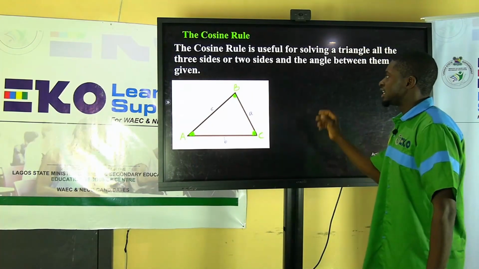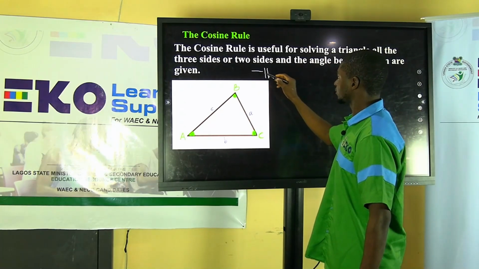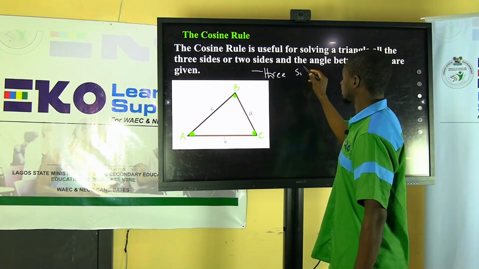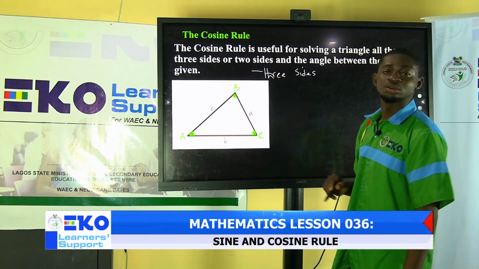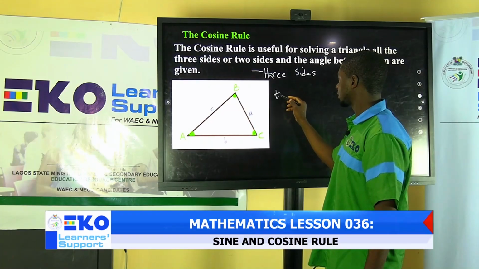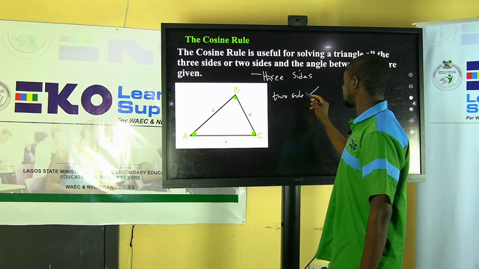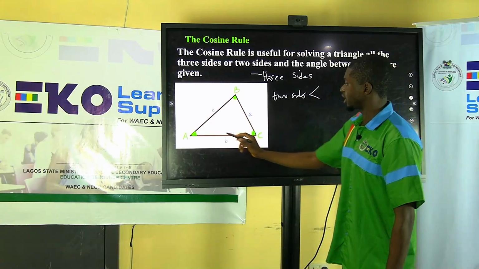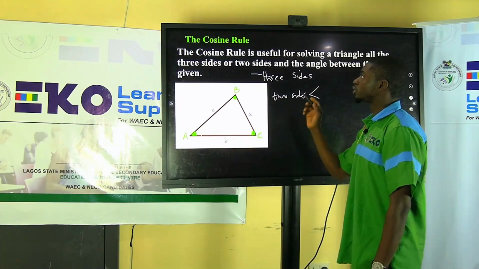Take note, it is either when we have all the 3 sides given, we can use cosine rule, or if we have 2 sides and the angle between them, let's say we have this side and this side and the angle between is given. That's when we use cosine rule.